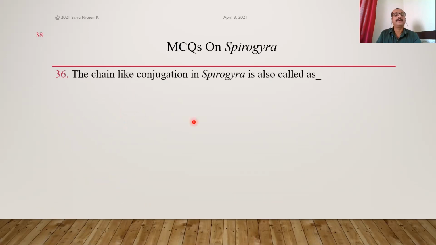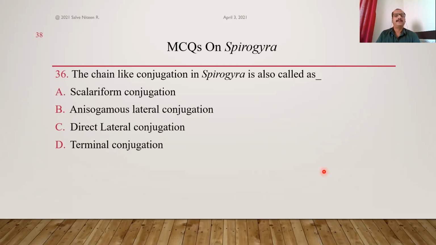Next one. The chain-like conjugation in Spirogyra is also called as, okay, scalariform conjugation is called ladder-like conjugation. And chain-like conjugation in Spirogyra is also called indirect lateral conjugation. But here the option indirect lateral conjugation is not given. Direct lateral conjugation is given, terminal conjugation is given.